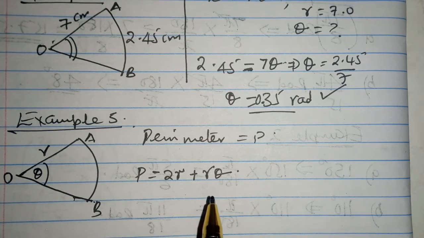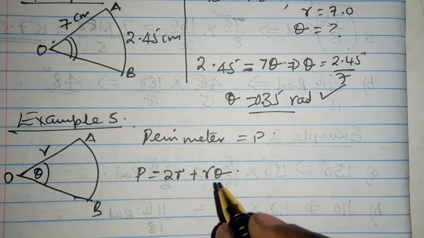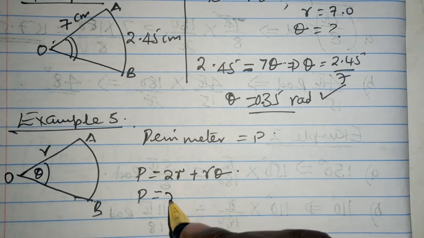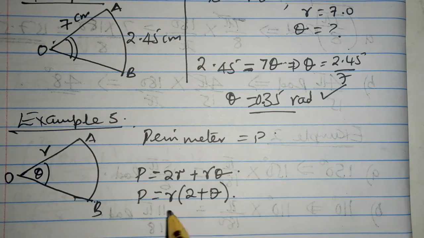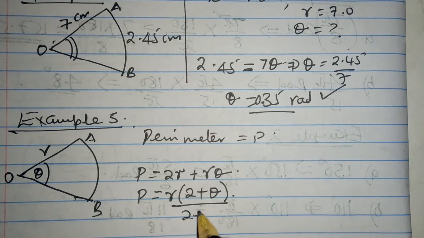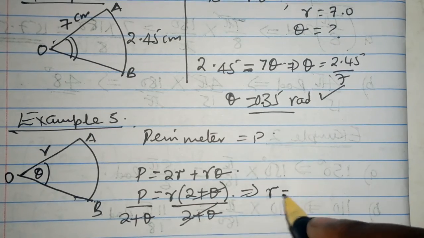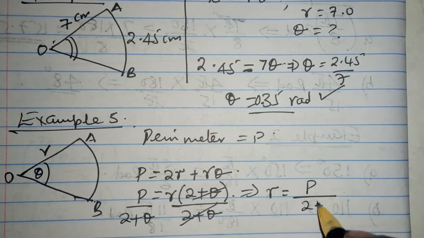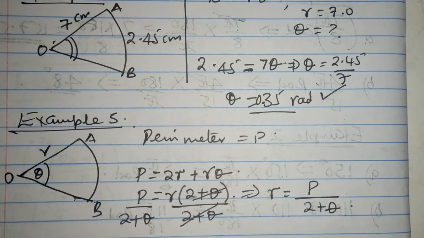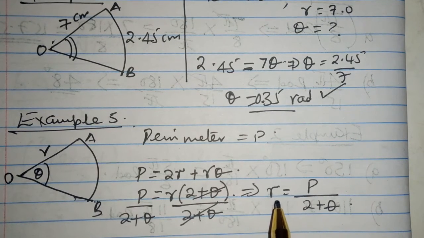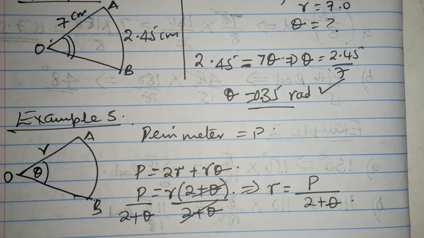R is common on the right hand side, so P equals R times (2 plus theta). Dividing both sides by 2 plus theta, we realize that R is P all over 2 plus theta. Those are examples 3, 4, and 5.